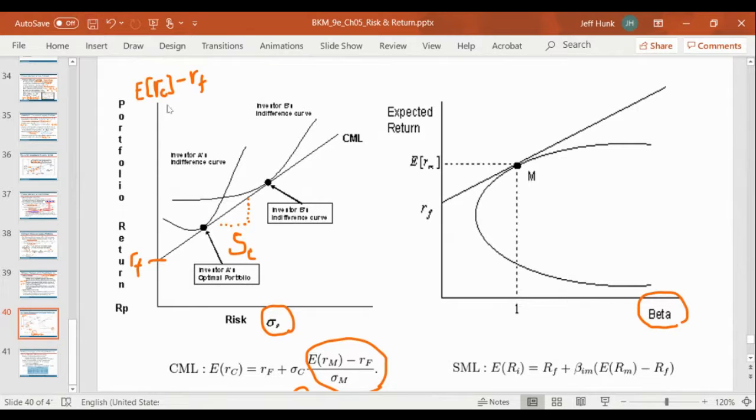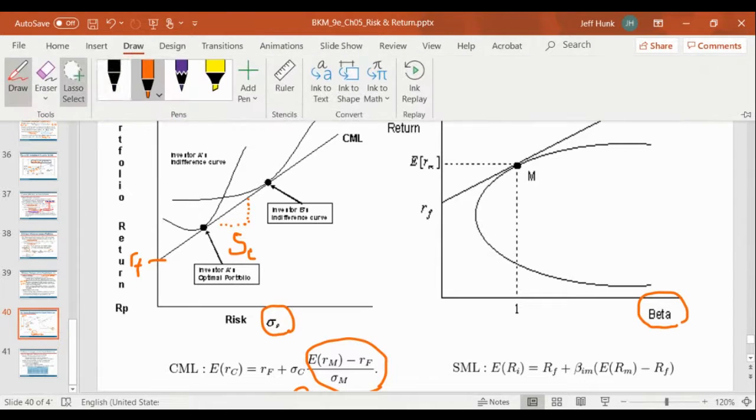Wherever you are on the vertical axis, you subtract RF from that.